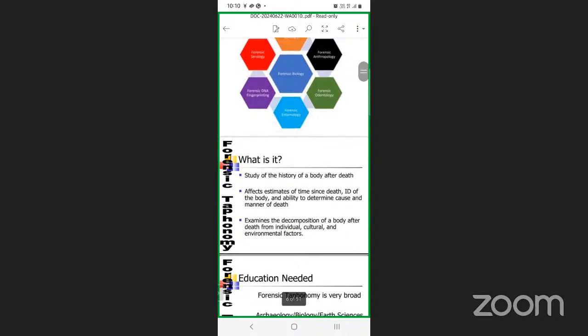In what way will entomology be useful for the study of the history of the body after death? It affects estimates of time since death, identification of the body, and the ability to determine the cause and manner of death. It also examines the decomposition of the body after death from individual, cultural, and environmental factors.